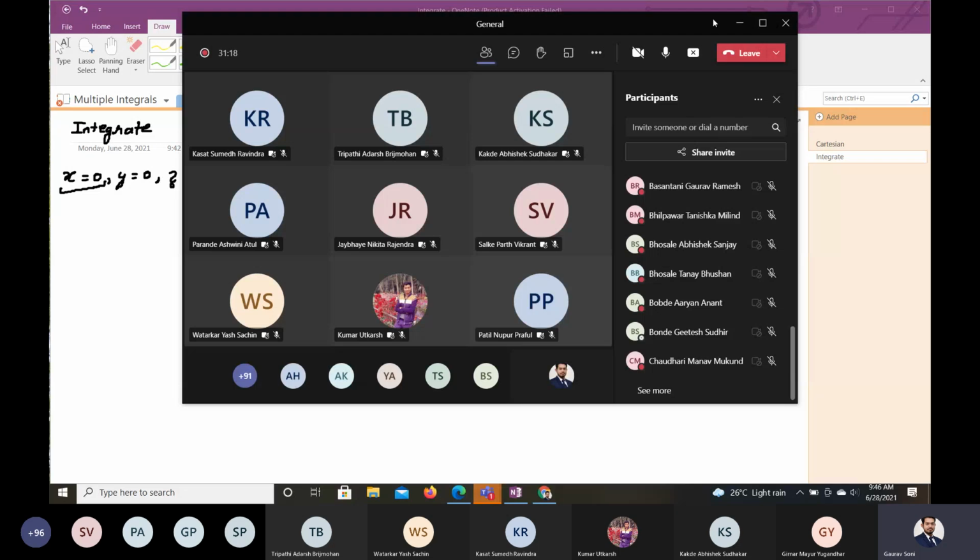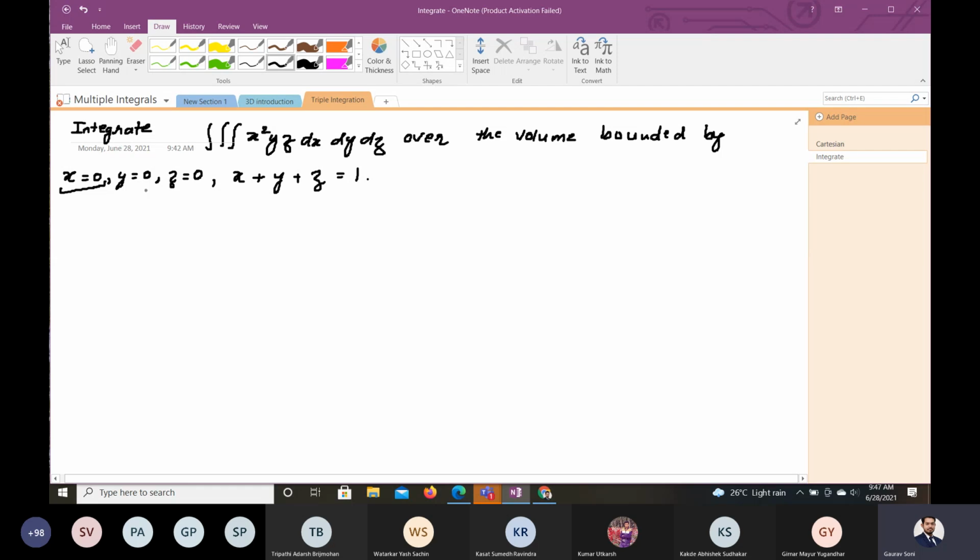So you have 3 planes and then you have x plus y plus z equal to 1, which is another plane. So we are given 4 planes and we need to find this integration over the volume which is bounded by these 4 planes.